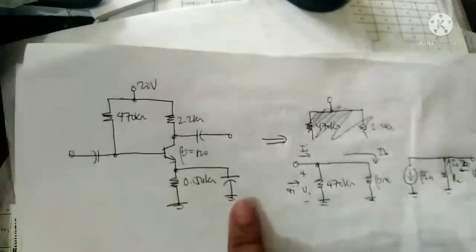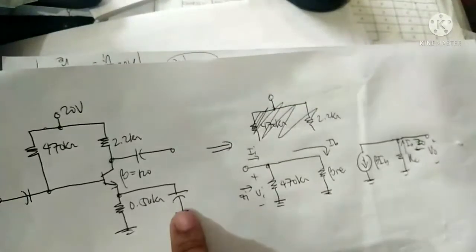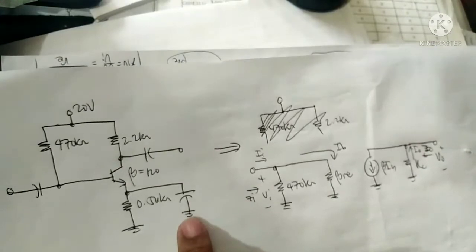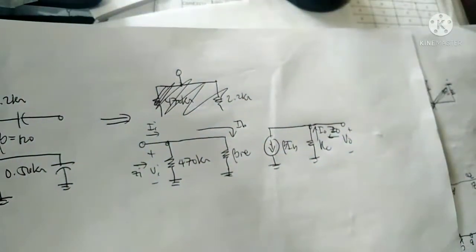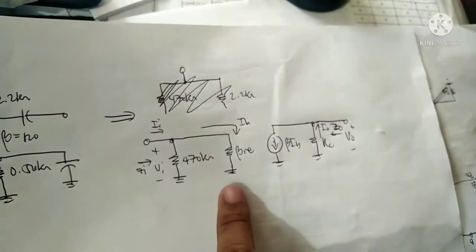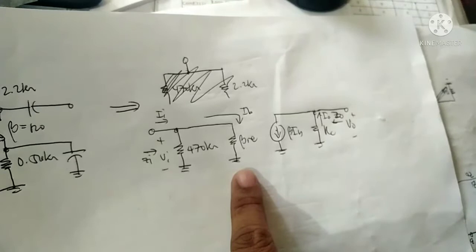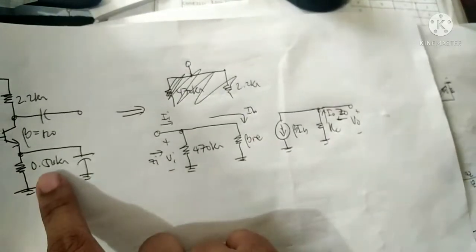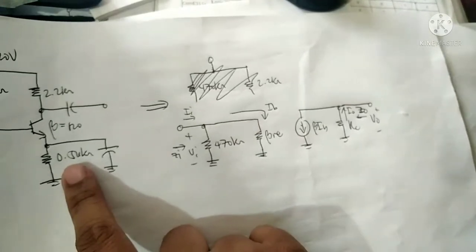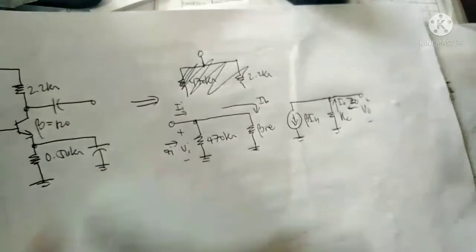So as you can see, if there's a capacitor, this is a bypass capacitor, no? The AC model of a common emitter configuration is the same as the fixed bias AC model, since the emitter resistor will be equivalent to 0 because the capacitor is shorted.